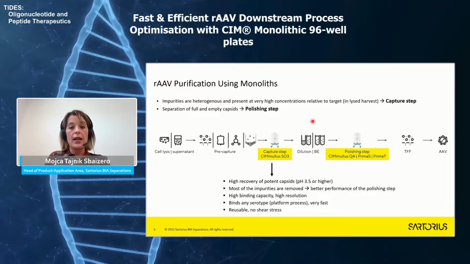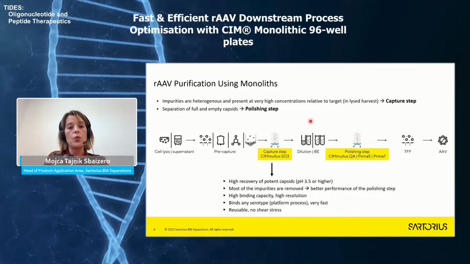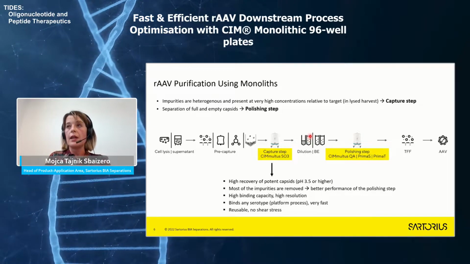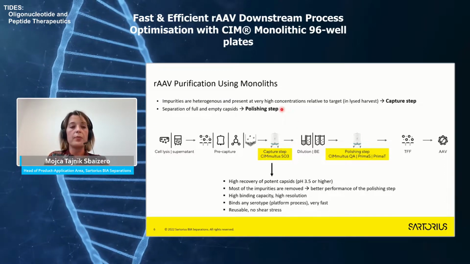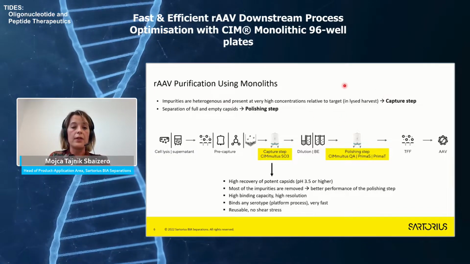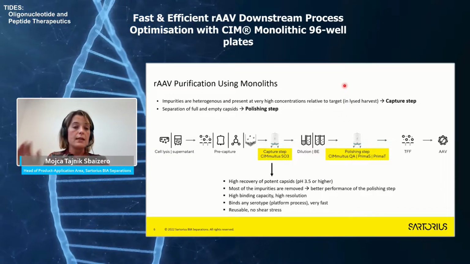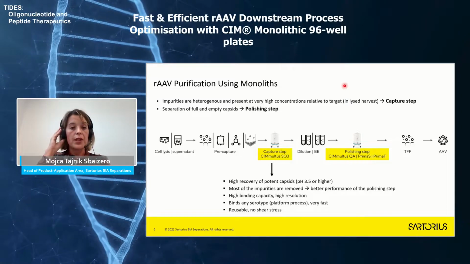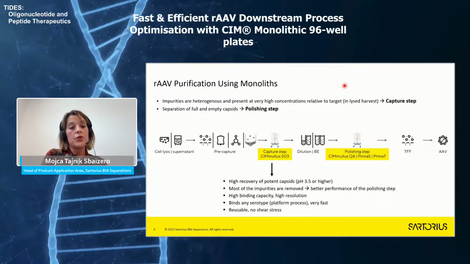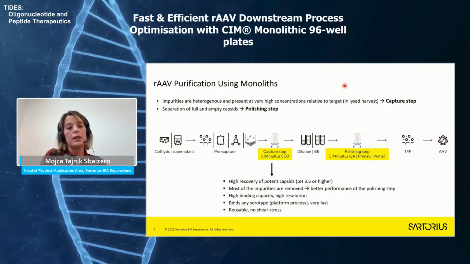The main challenge is how to separate AAV and also polish it from the very starting material, which is usually lysate harvest from the cells. And these lysate harvests have a very high concentration of impurities from the host cells relative to the target product.